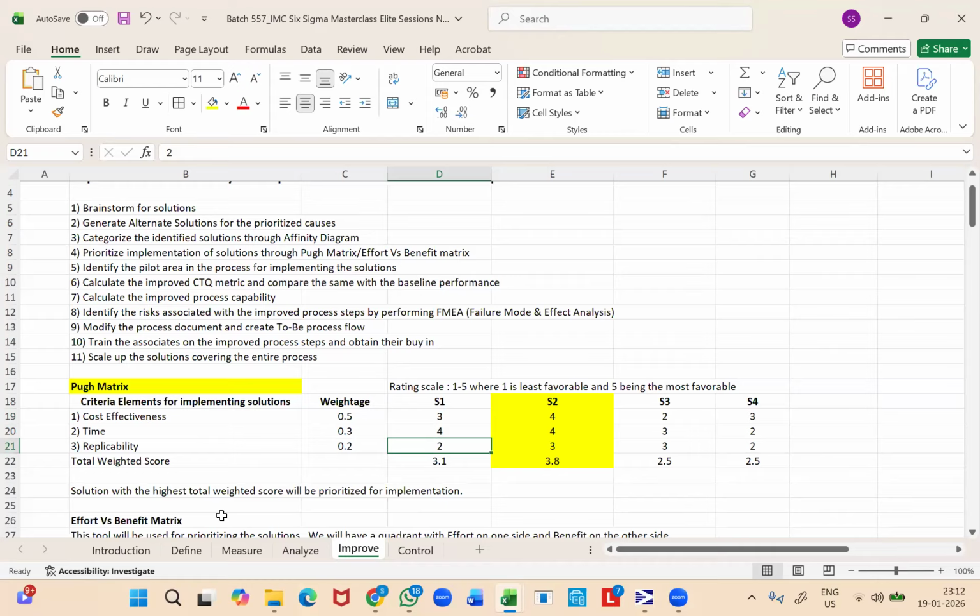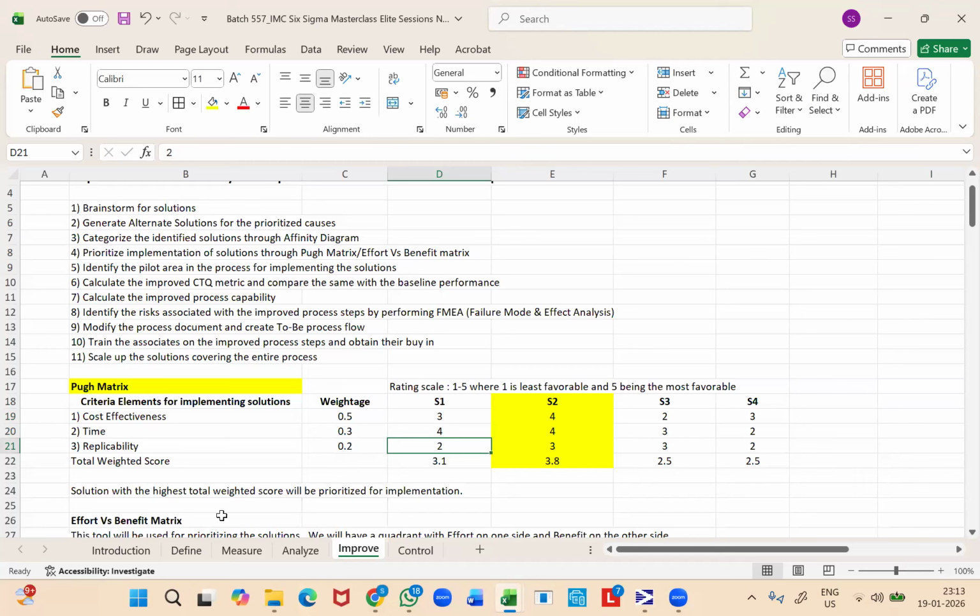So this is the meaning of rating 5. Similarly, if the solution is very, very costly, then I'll give rating 1 for cost effectiveness. A rating of 1 for timelines means this solution is likely to take a longer duration for implementation, and a rating of 1 for replicability would mean that this solution is very, very rigid.